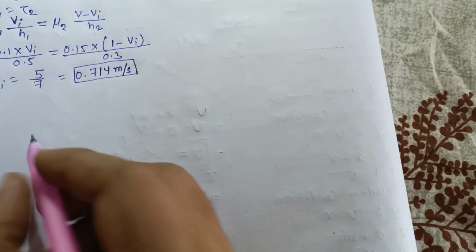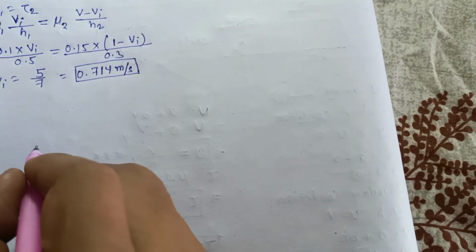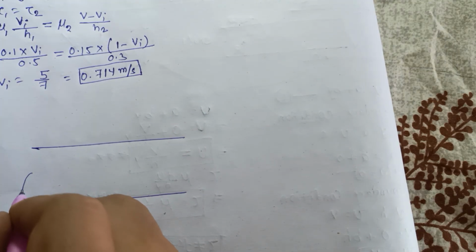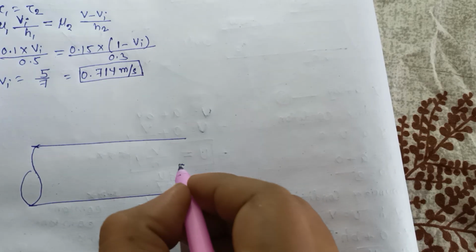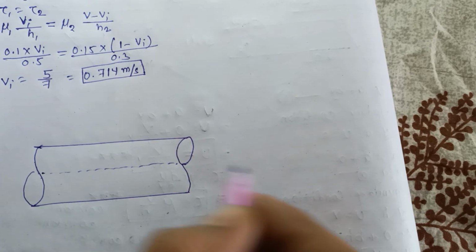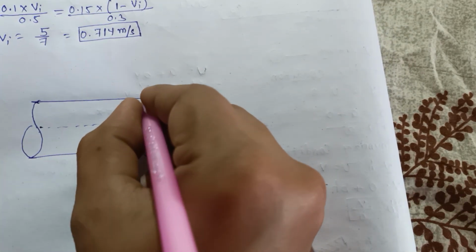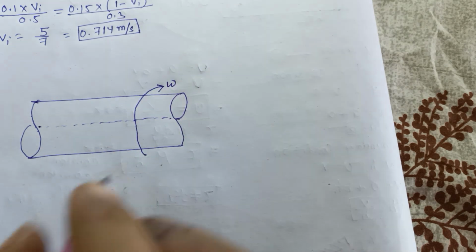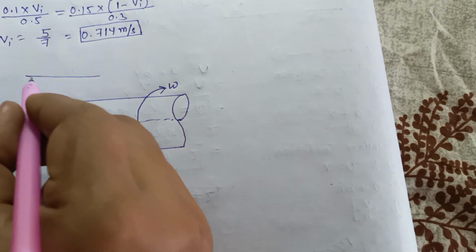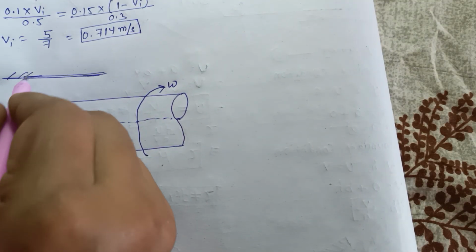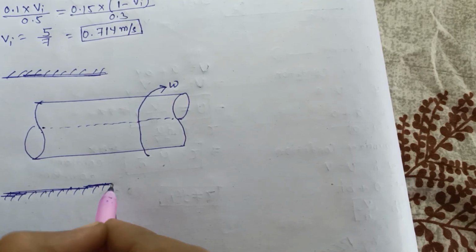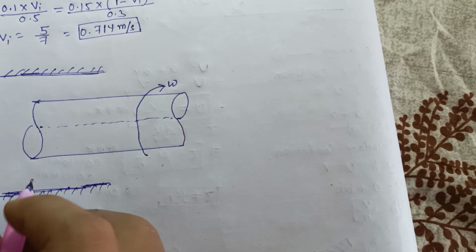Consider there is a shaft here, and the angular velocity of this shaft is omega, and the shaft sits inside a bearing.